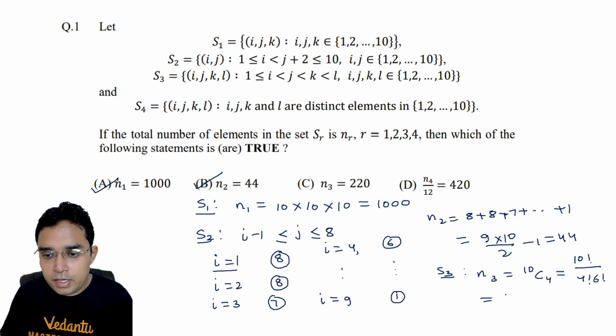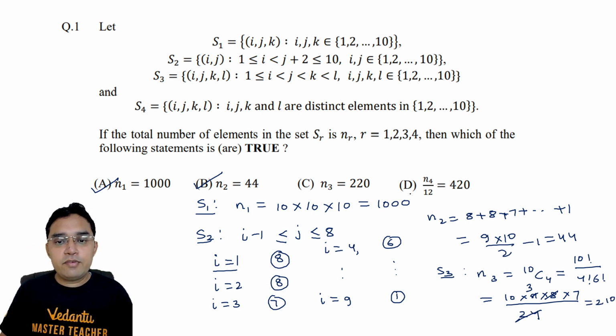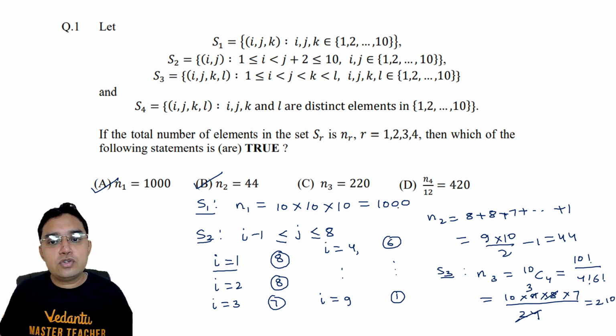So if we solve it, 10 into 9 into 8 into 7 upon, I can write this as 24. So 24 will cancel 8 into 9 3 times. So this will be 210. Whereas they have given 220. So this C is not correct.